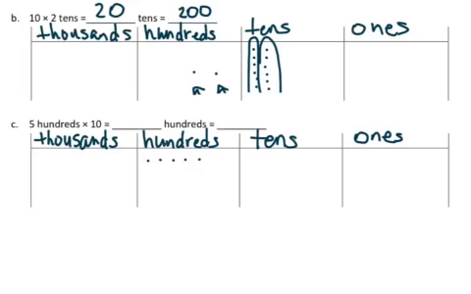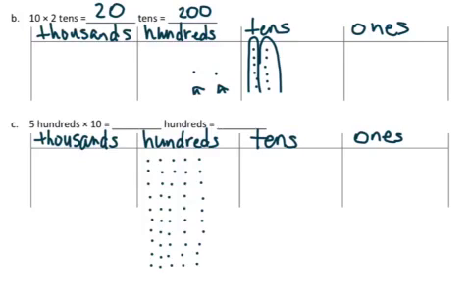So there's 1, 2, 3, 4, 5, 6, 7, 8, 9, and the last one is 10.